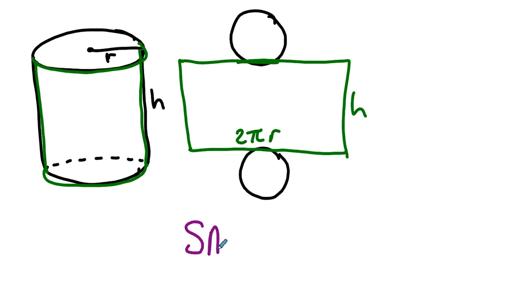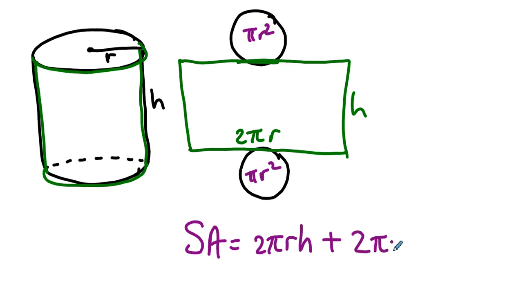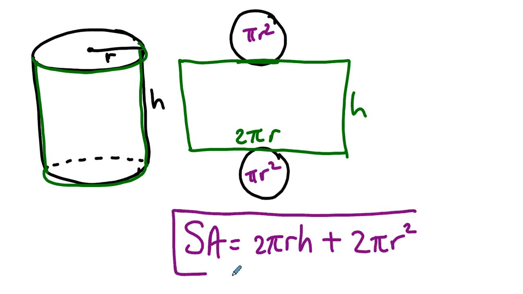So the surface area is the area of the rectangle, length times width, plus area of a circle, area of a circle. The formula comes from somewhere. It did not fall from the sky.